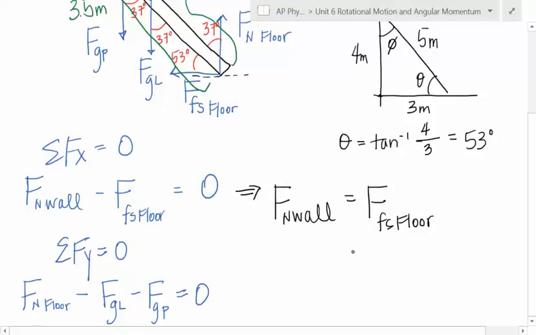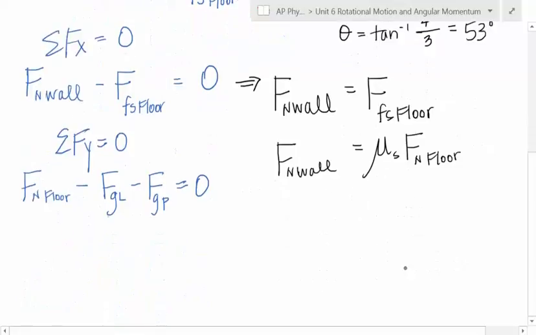And what is the equation for the force of static friction? Yeah, so your mu static times force normal from the floor. And this would be force normal wall. Okay, now look at our vertical equation here.